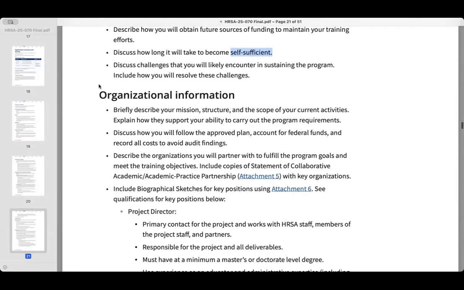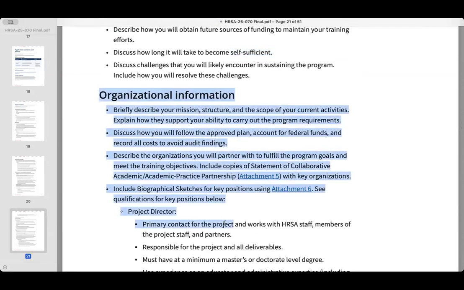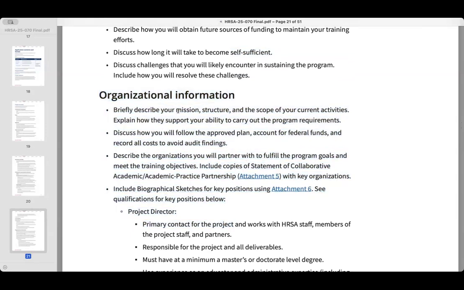All right, organizational information. So this is again one of those sections that there's a bit of information here, but it's actually fairly easy to write because mission statement, that already exists in some shape and form. Structure already exists. Scope, statistics about the program, how many people are in it, that already is being tracked by the university. Explain how they support your ability.